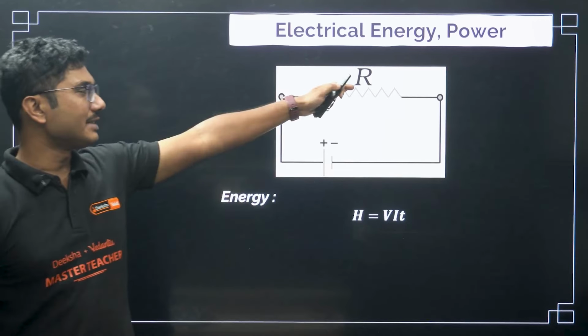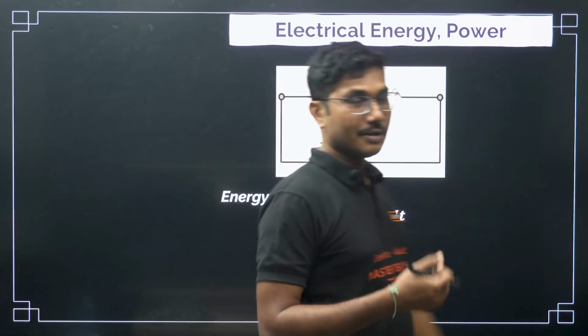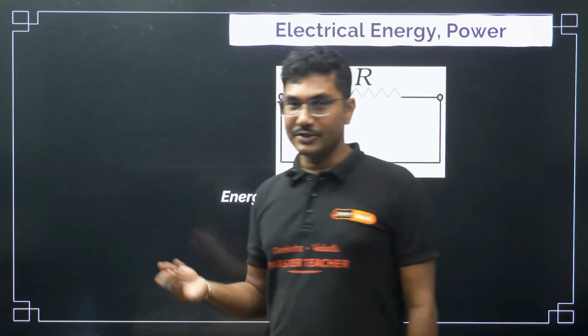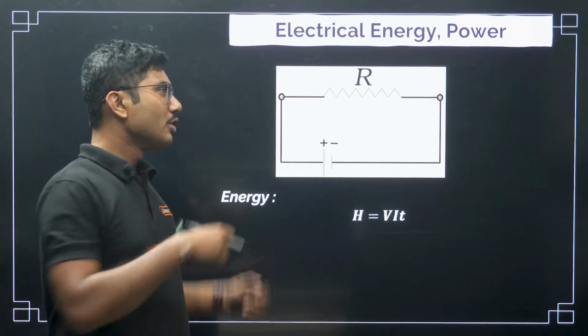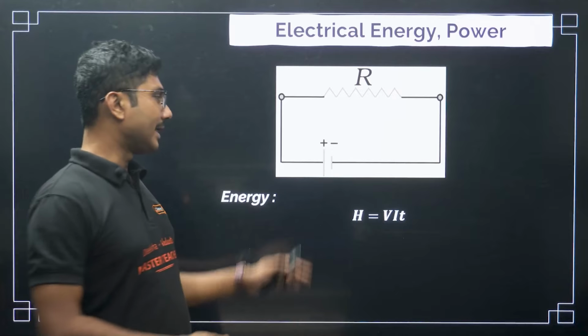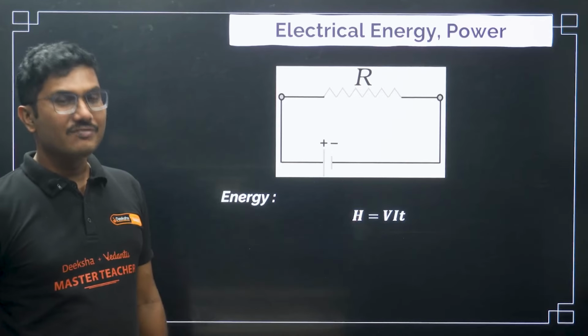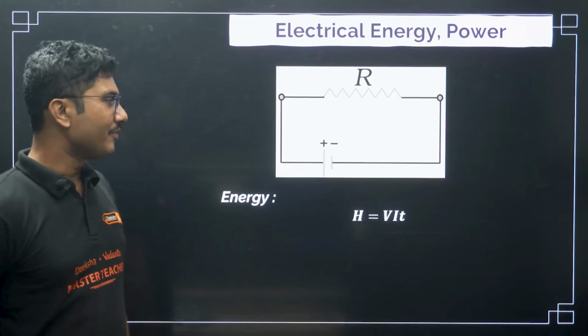Suppose you have a resistance with a battery connected across it, so the resistance is basically spending energy. For example, if you switch on a light bulb, the light bulb is basically spending energy. The energy that it spends is given by VIT. Remember, energy equals vitamin, then it will be very easy for you.